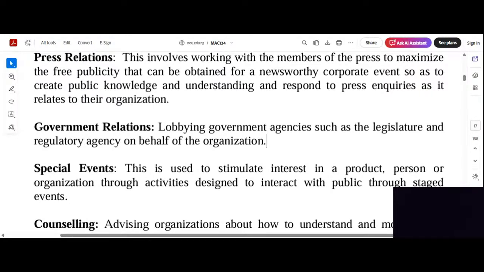A very close synonym we can use for lobbying is persuading someone to change or influencing them, to probably come down on a policy, a plan, a decision that they have made in a way that will favor you. That is especially in the government aspect, the government related matters.